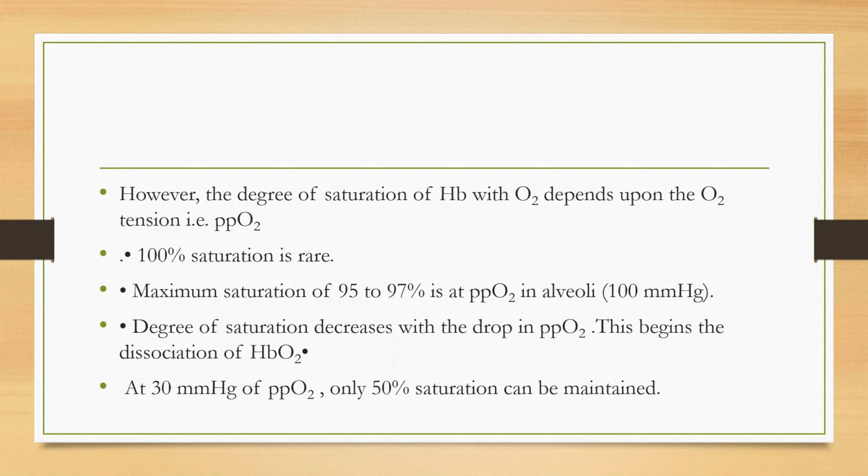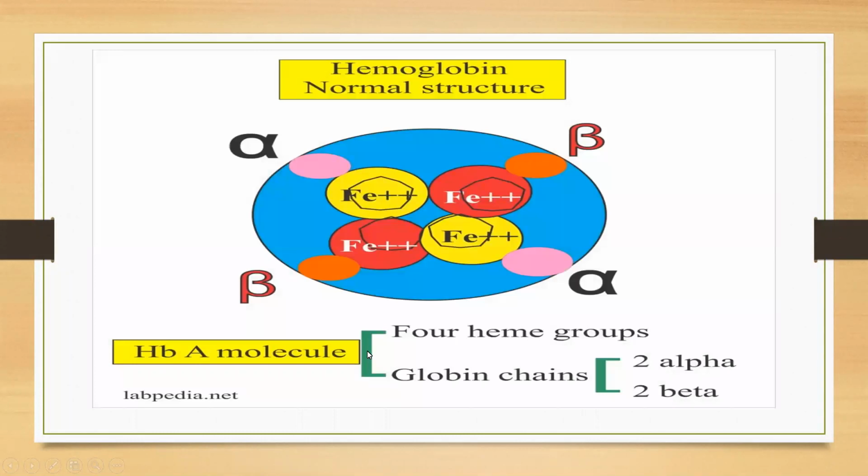So when the partial pressure of oxygen inside the cell is low, the degree of saturation decreases. That means the chances of Fe ions combining with oxygen become low.